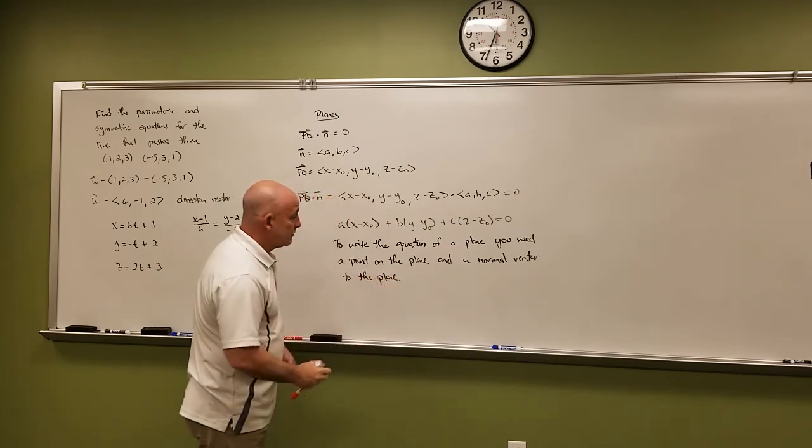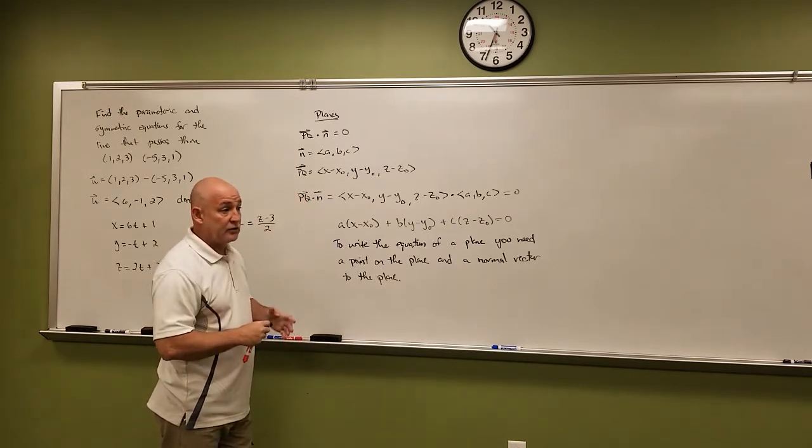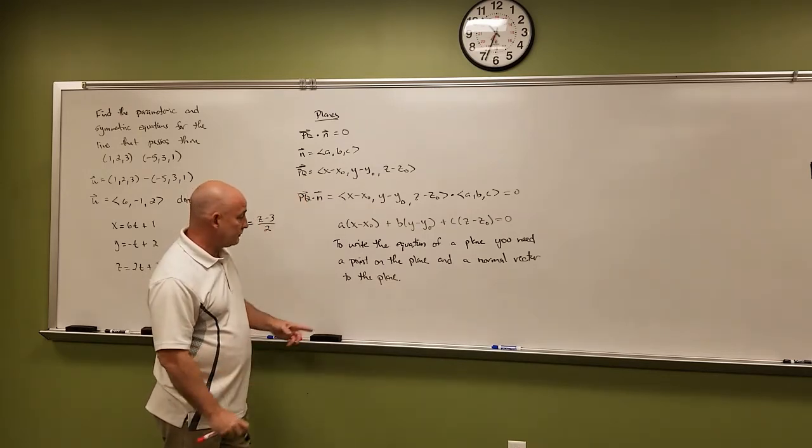All right, this is good news and bad news. They're generally going to give you a point, but to find a normal vector, that's going to take you some work a lot of times.